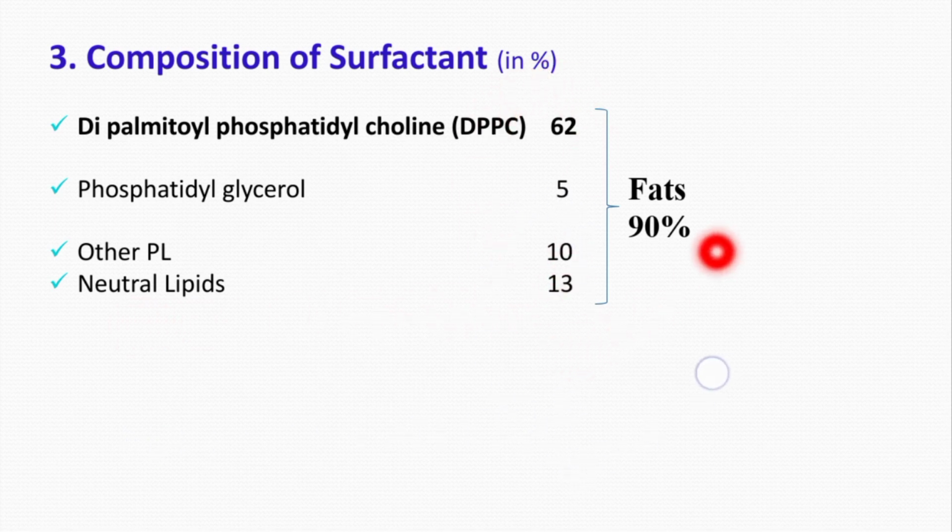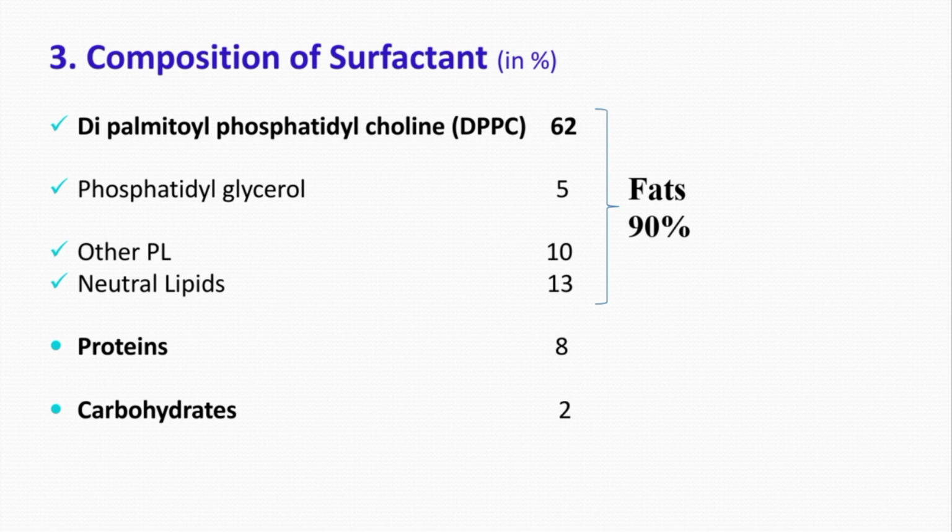Together all these make 90% fats. Then surfactant is 8% proteins and 2% carbohydrates. We must remember that the most important constituents of the surfactant are DPPC and calcium ions.